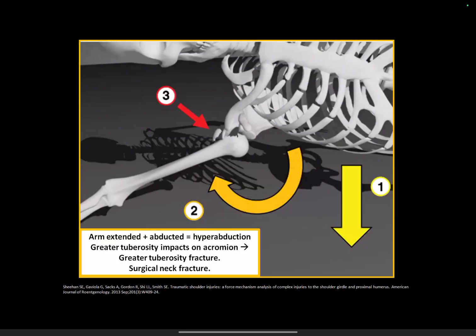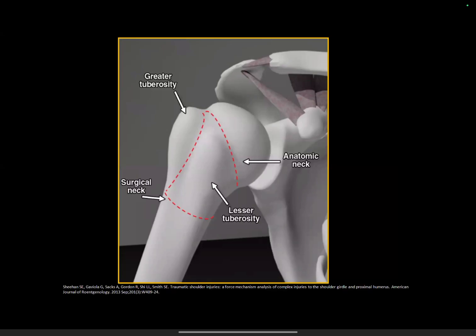As for proximal humerus fractures, basically it happens in the setting of hyperabduction. So again, fall on outstretched hand, the arm is extended and abducted. And basically what happens, the greater tuberosity will impact on the acromion. And that will result in greater tuberosity fractures as well as surgical neck fractures.